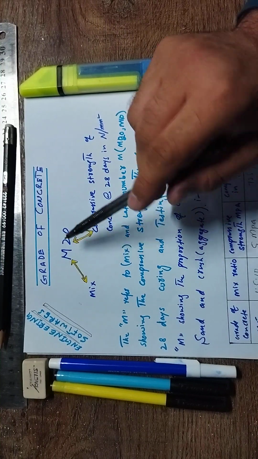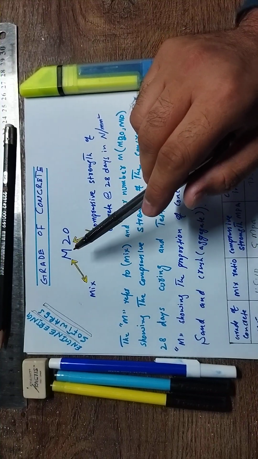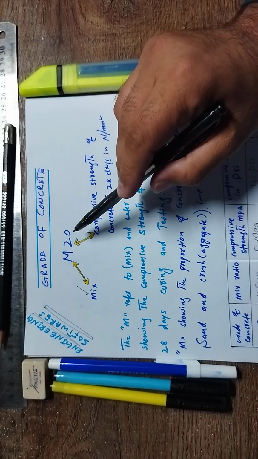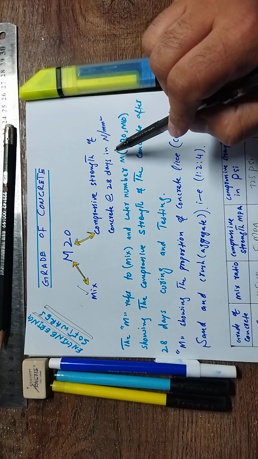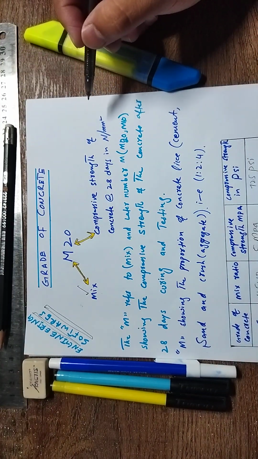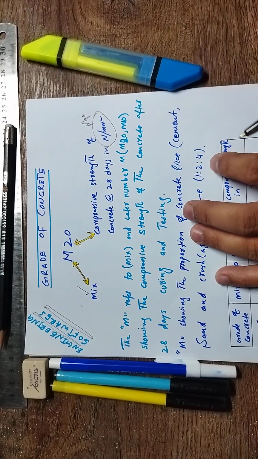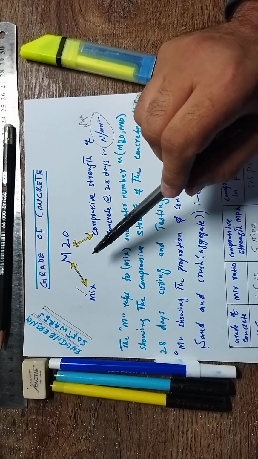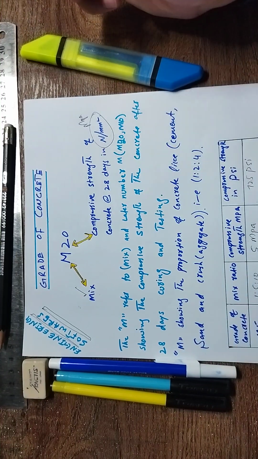Viewers, you see M20 in any place in the grade of concrete. So what is M20? The M means mix and 20 means the compressive strength of the concrete at 28 days in Newton per mm square or MPa, also called megapascal. M shows the mix of concrete, and 20 shows the 28 days compressive strength of any concrete.